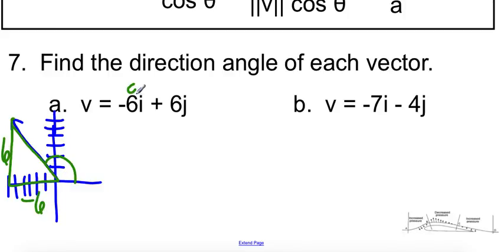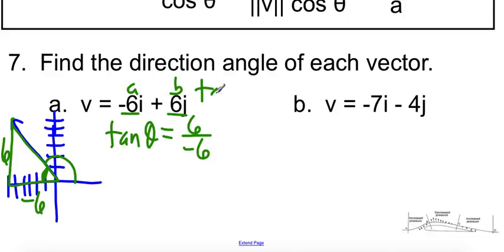Remember, this is your a and your b. Now, if we want to find that angle, we're going to say the tangent of that angle is opposite over adjacent, so 6 over negative 6. But notice that's from here, 6 and negative 6. So what we have just used is tangent of theta is b over a. You see that those are the same thing? Tangent of theta is b over a, tangent of theta is 6 over negative 6.